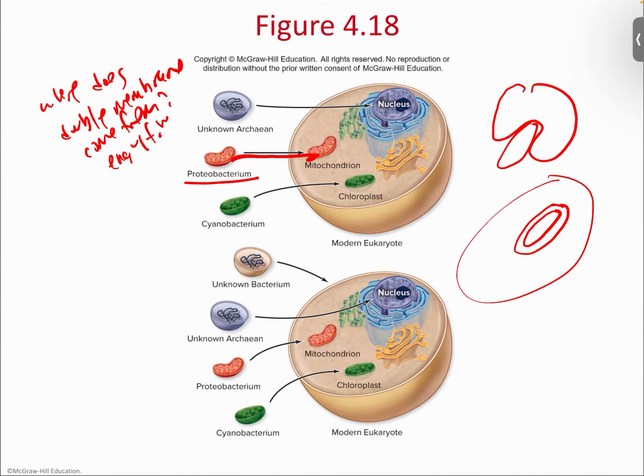The answer is perhaps by engulfing, right? Because basically that would have given you a double membrane system. And if this guy was making a bunch of ATP, and that's what he did for a living, and he did it quite well, you could imagine this ancient eukaryote basically pausing and thinking, you know what? You're making a lot of energy, and I'm using that energy.